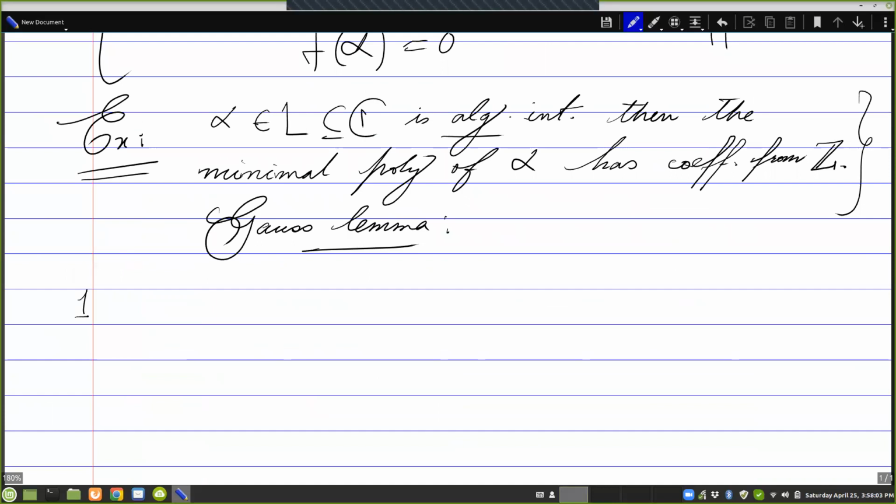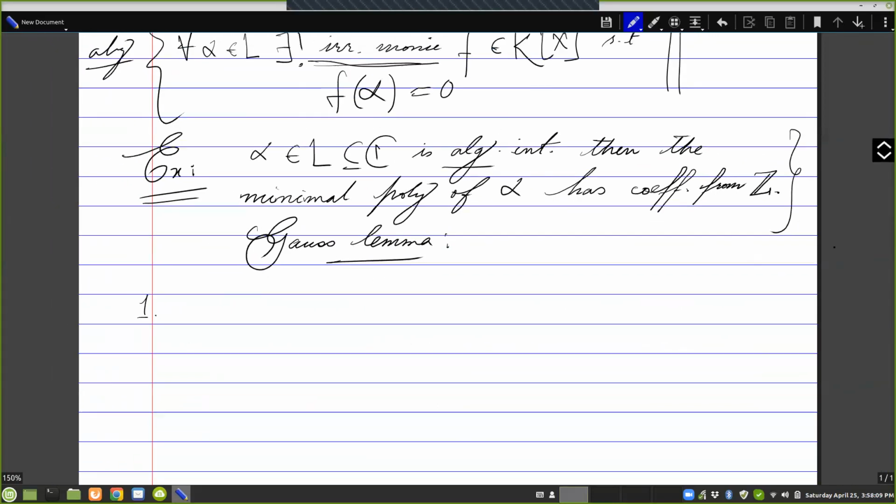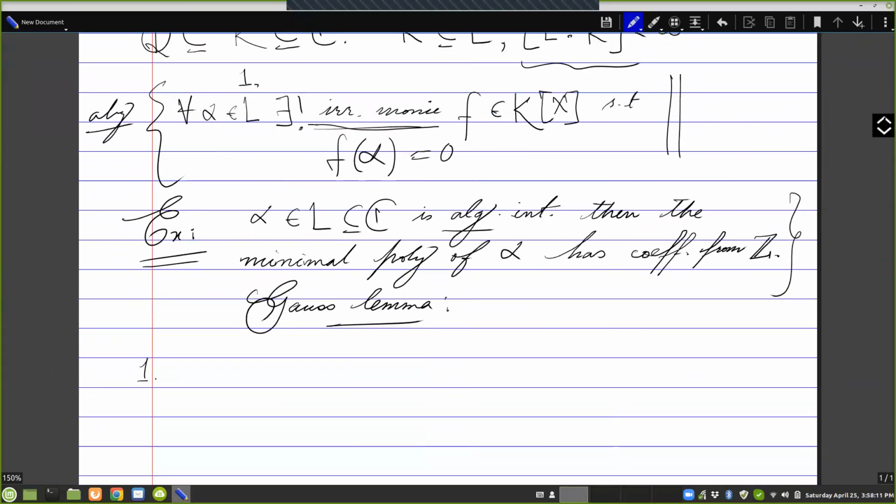The first thing that I would like to recall, because I will use them again and again in this lecture, is that, considered in the scenario as above, if alpha has f as the minimal polynomial, then we can consider the following map. Well, k alpha is defined as the smallest subfield of L that contains both k and alpha.